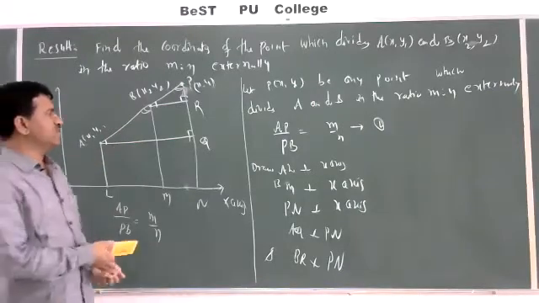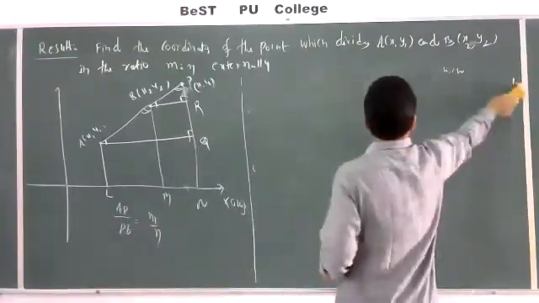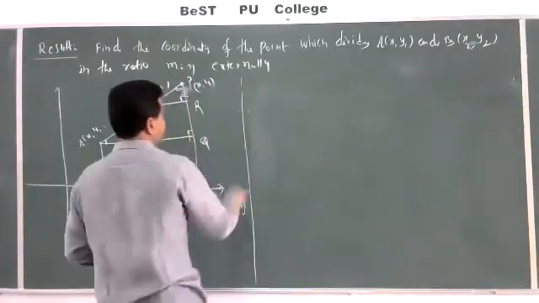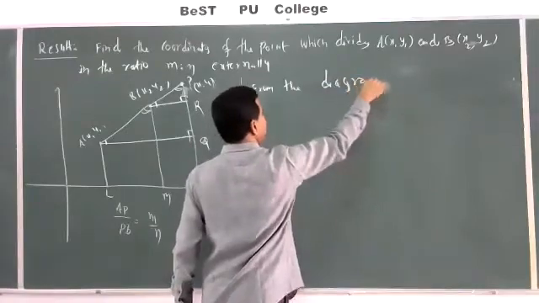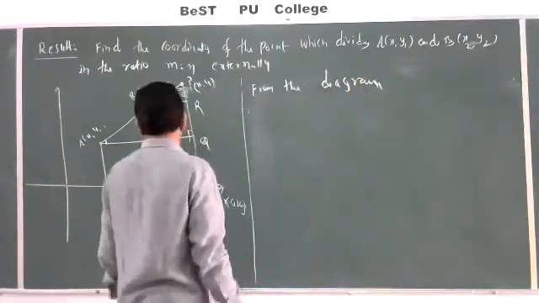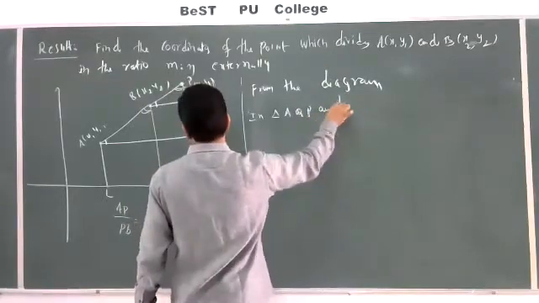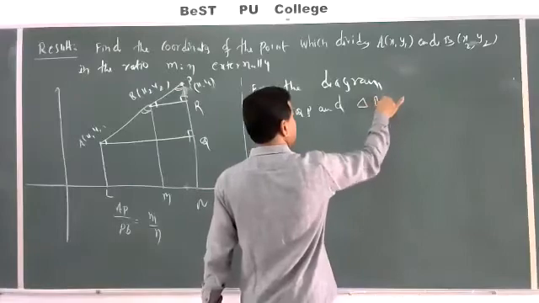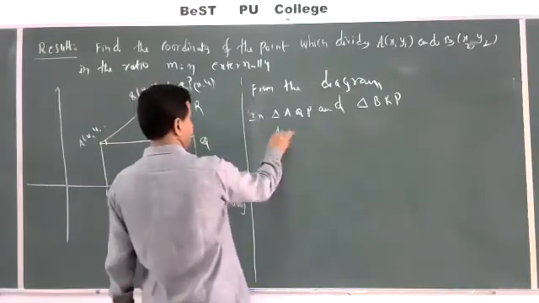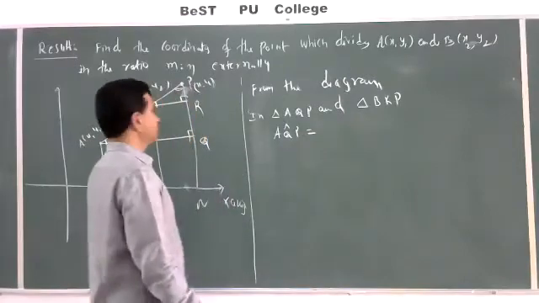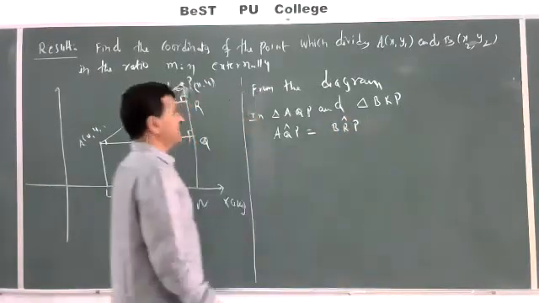So go for the second part. From the diagram, in triangle AQP and triangle BRP, first, angle AQP is equal to angle BRP, right angle.